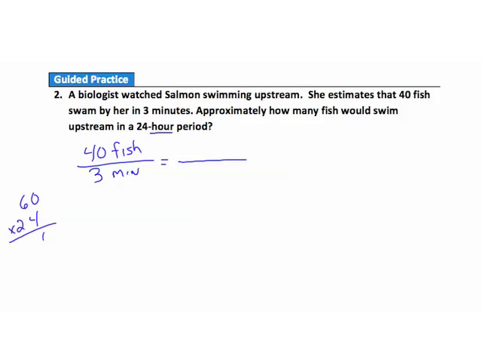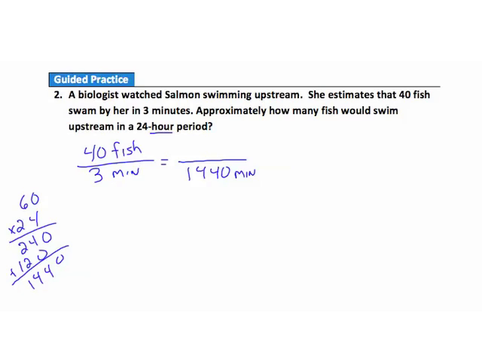So let's see, 4 times 0 is 0, 6 times 4 is 24. We go through and multiply by 2. 2 times 0 is 0, 2 times 6 is 12. So 0, 4, 4, 1. So it looks like there are 1,440 minutes in 24-hour period.